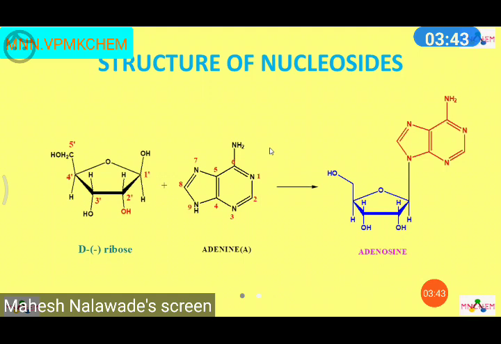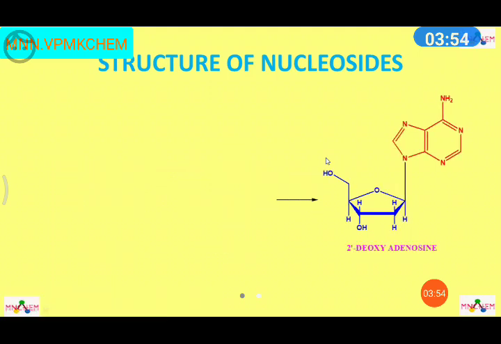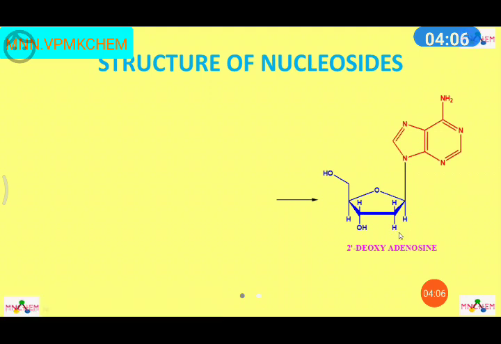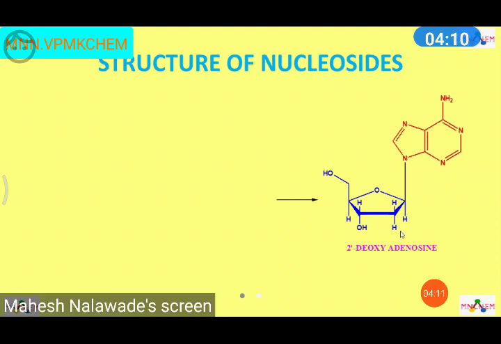This adenosine is present in RNA. Okay. Now let's discuss DNA. For DNA, the nomenclature is 2-deoxyadenosine. From the structure, we can understand that at the 2' position there is no hydroxy group present.